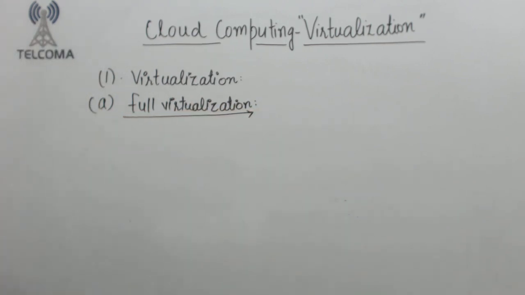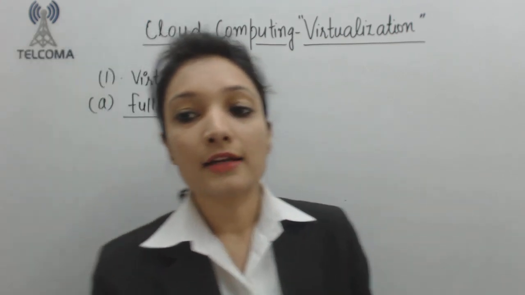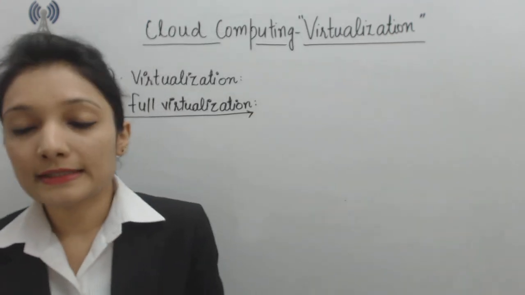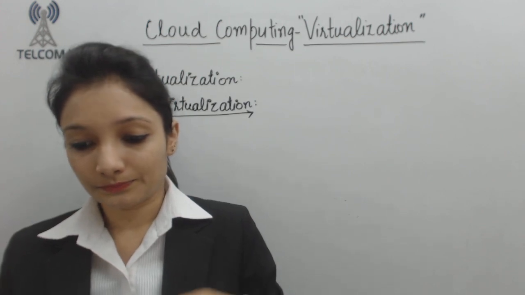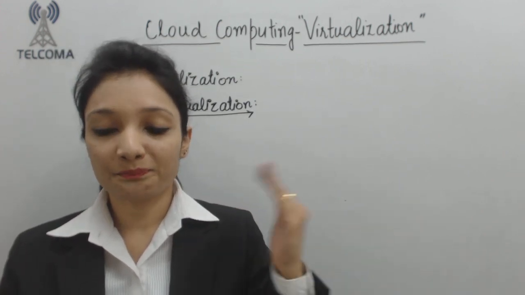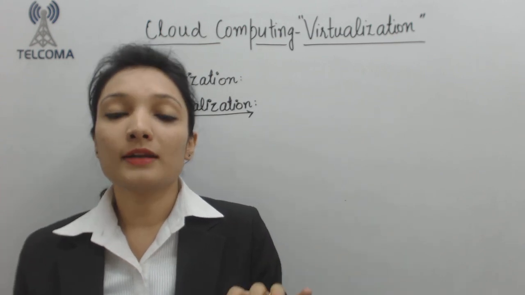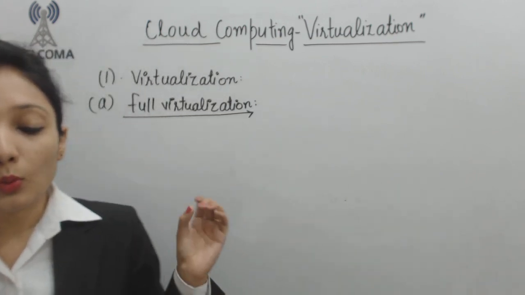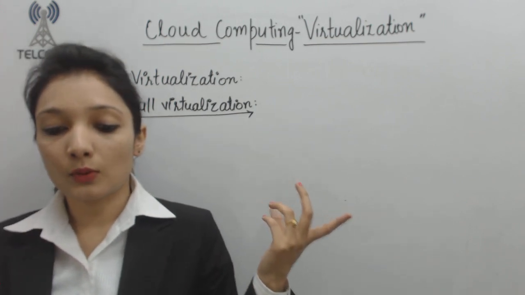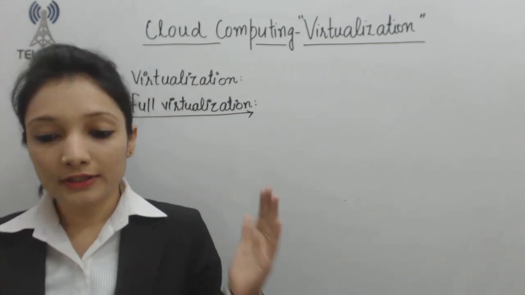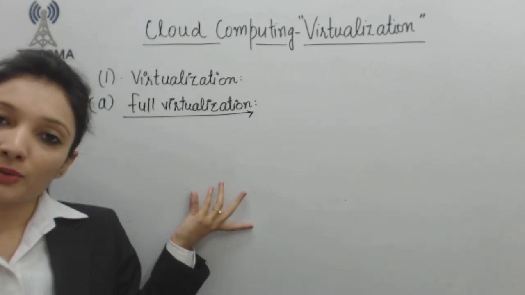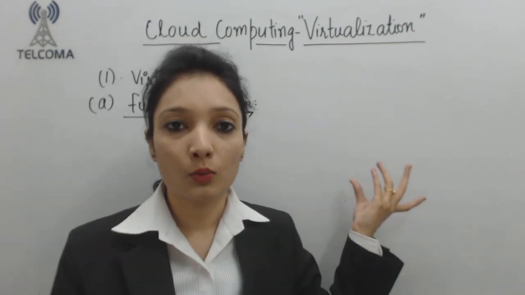What happens in full virtualization is that the underlying hardware is completely simulated for your guest system. That means the guest software doesn't require any modifications to run. Full virtualization requires that every salient feature of your hardware be reflected in your virtual machine.